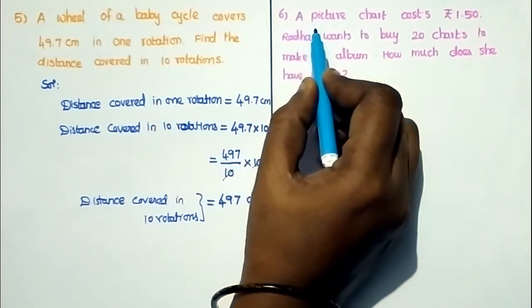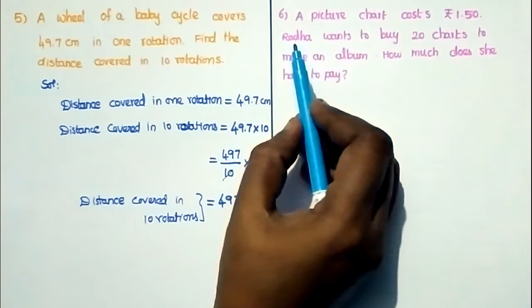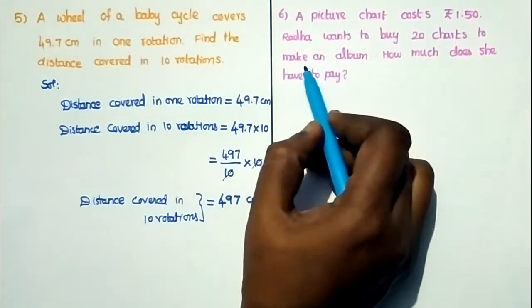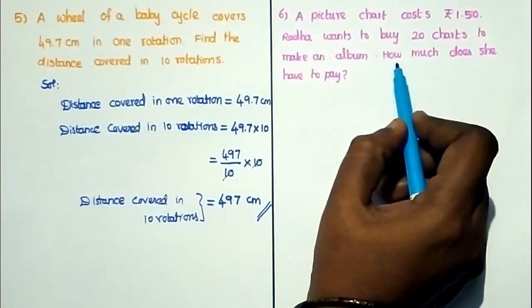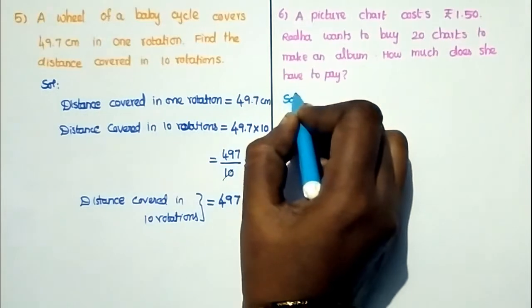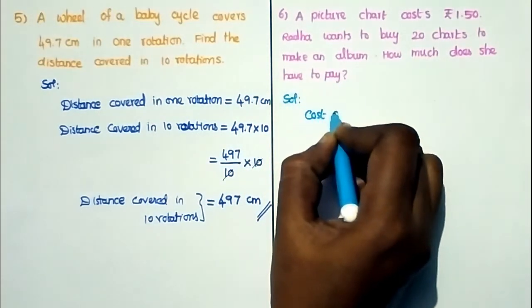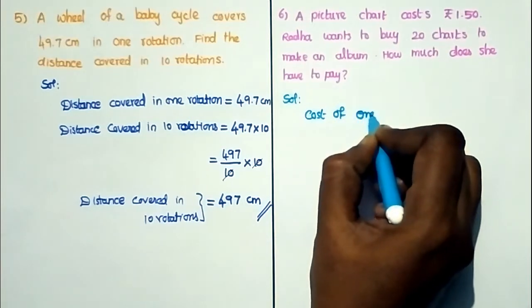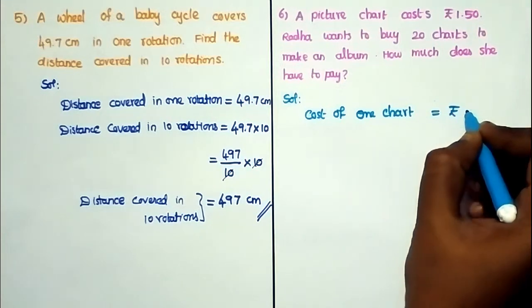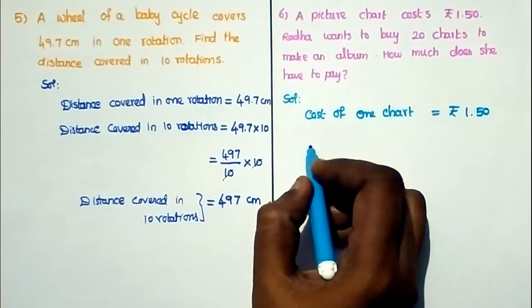Sixth sum. A picture chart costs rupees 1.50. Radha wants to buy 20 charts to make an album. How much does she have to pay? Listen, cost of one chart equal to rupees 1.50.